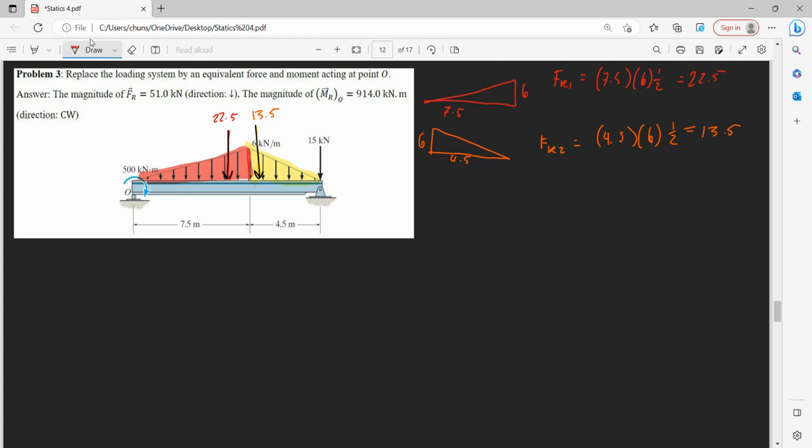It's going to act 1/3 of the length away from the thickest part of the triangle. So if we divided 7.5 into thirds, each one would be 2.5 meters in length. That means we have to get one section and then two sections of our 2.5s to get that distance from point O, because we want to measure it from point O. This gives us a distance of our equivalent force of 5 meters.